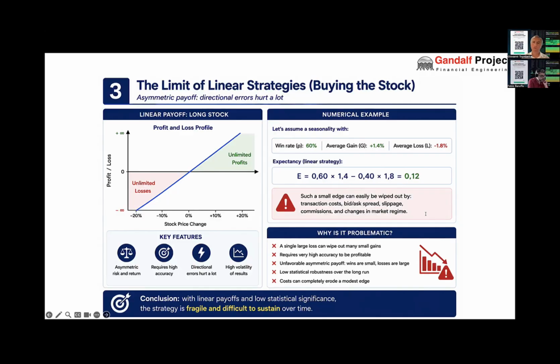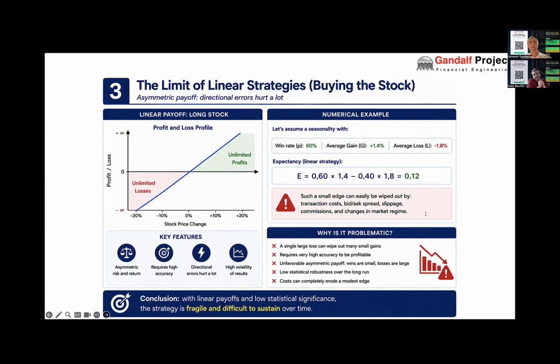So let's sketch the real world problem. Transaction cost, bid-ask spread, slippage. We didn't talk about these aspects, and changing market conditions can quickly eliminate that edge. So a strategy that looks profitable on paper may become unprofitable after implementation for all these reasons.